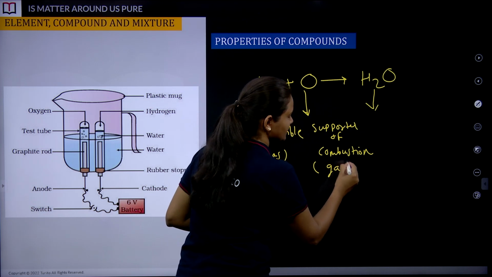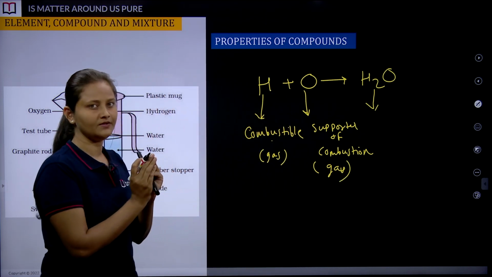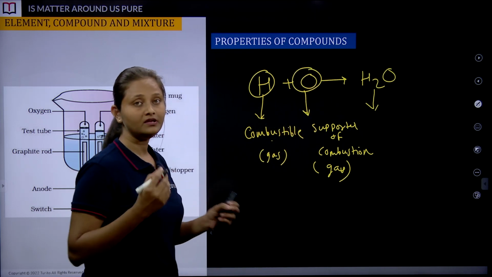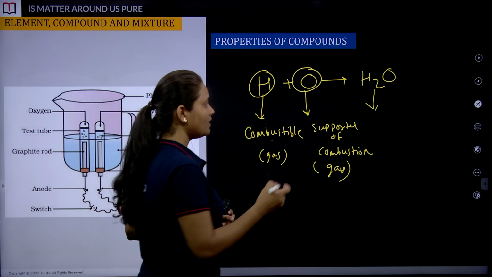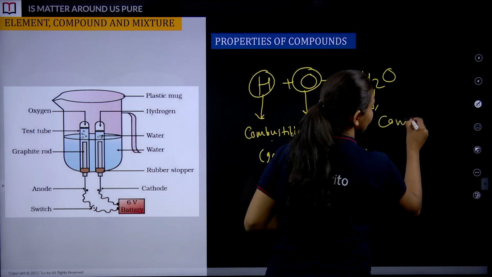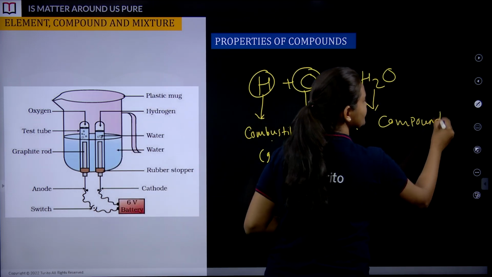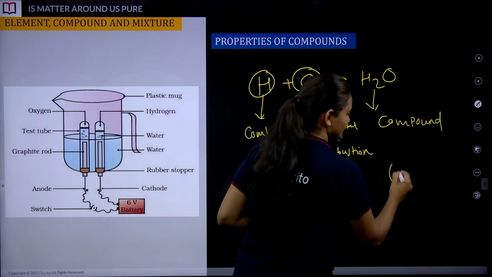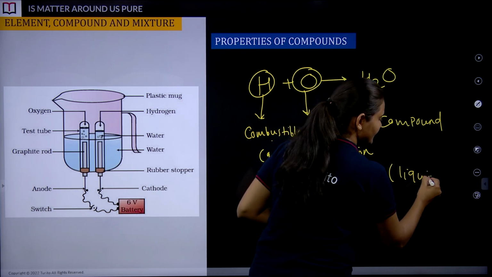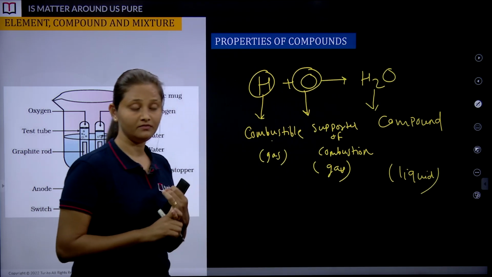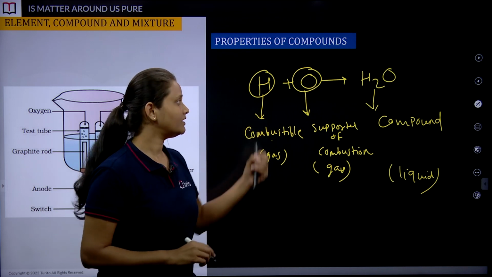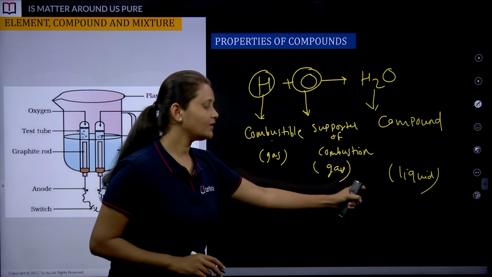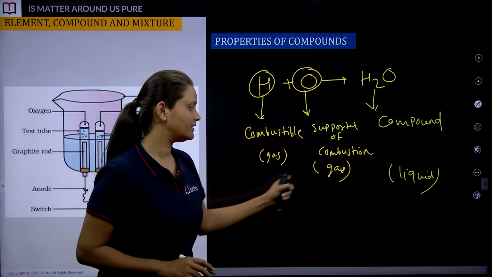Now these two elements are going to combine chemically to form water, which is your compound, a brand new substance. Water is in the liquid state. We got a new set of properties. Water, which we have got after the reaction of hydrogen and oxygen, is a liquid, whereas these were gases.